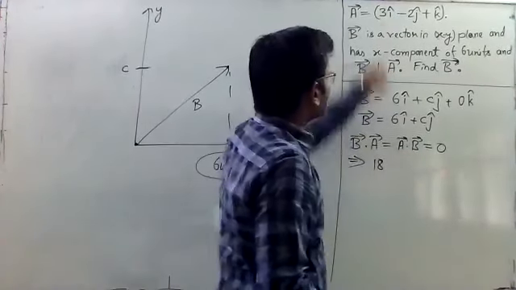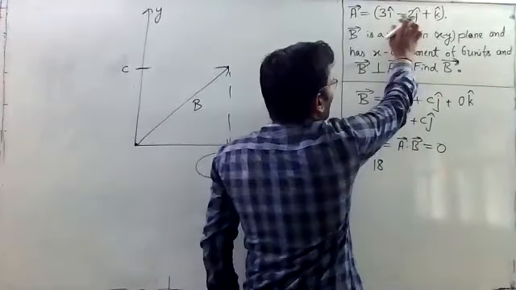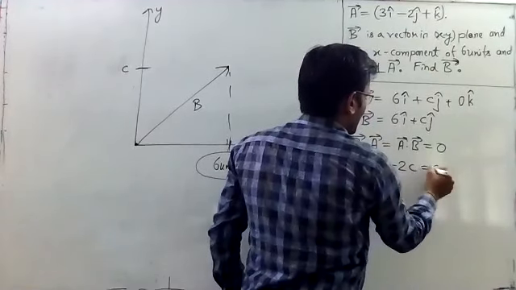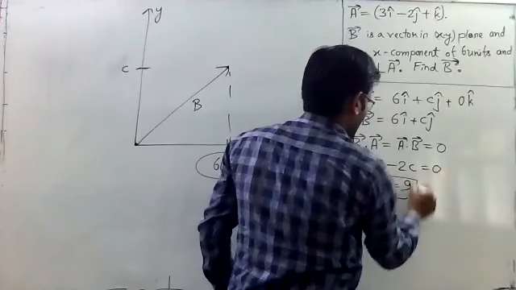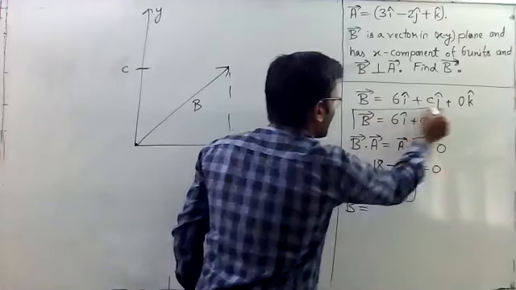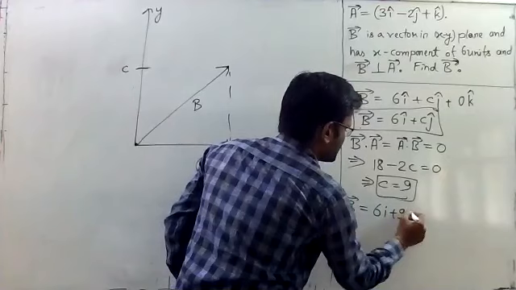Just multiply x1 with x2, 18. Then minus 2 into C, it is equal to 0. So what is C? 9. So vector B is 6 i cap plus 9 j cap.